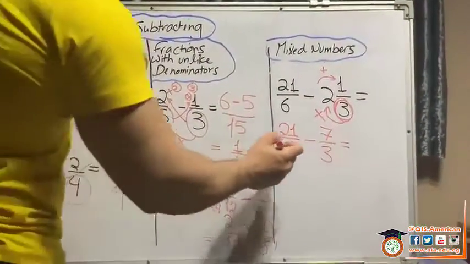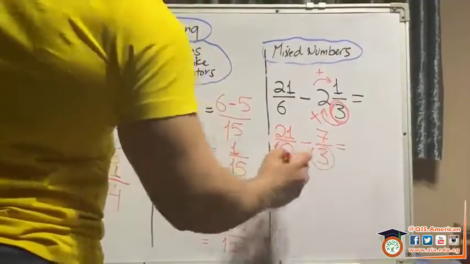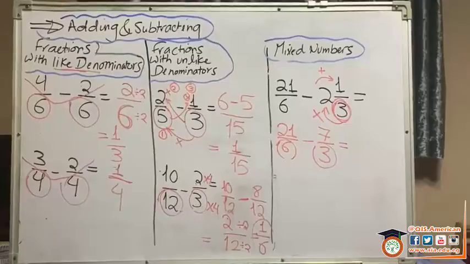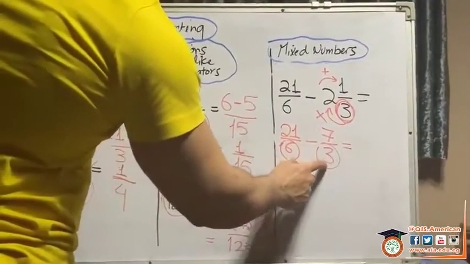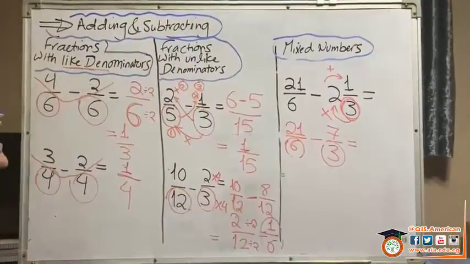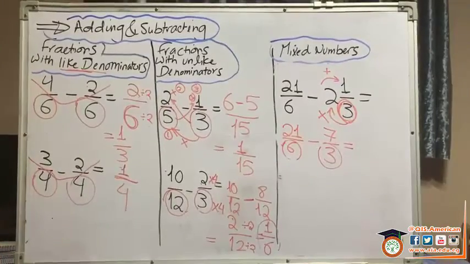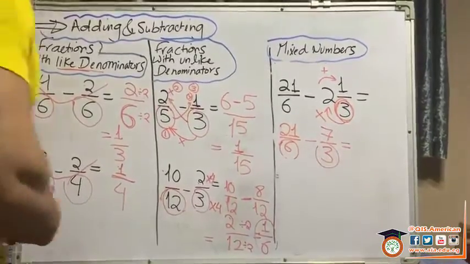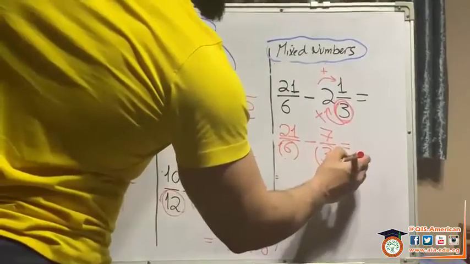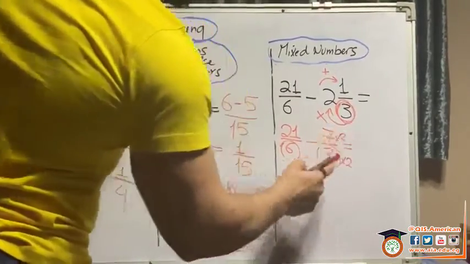Okay? These are unlike denominators, right? Like you gotta ask yourself, is there a way to turn this 3 into a 6 using multiplication? Which number, if multiplied by 3 gives me a 6? It's 2, which means I can multiply by 2 above and below here.